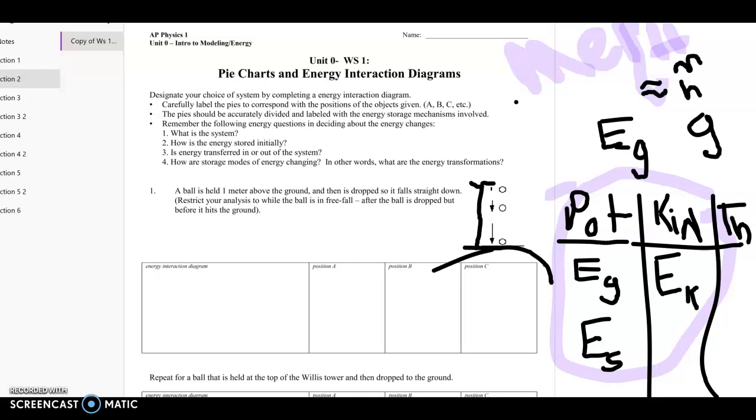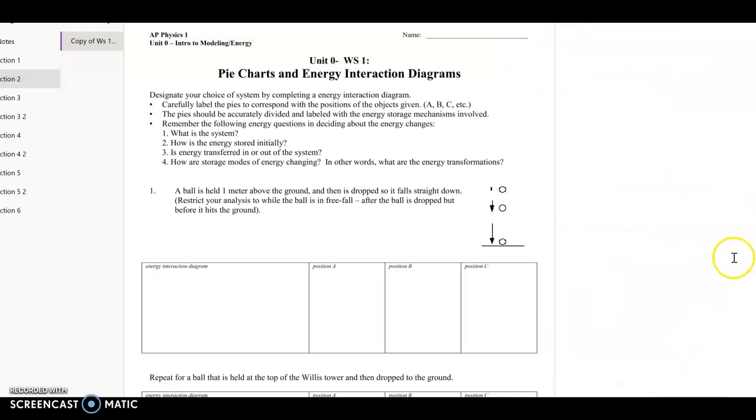So E thermal, and that is not mechanical. Thermal is not mechanical, okay? I'm sorry, it's as painful for me to do it as it is for you to watch.